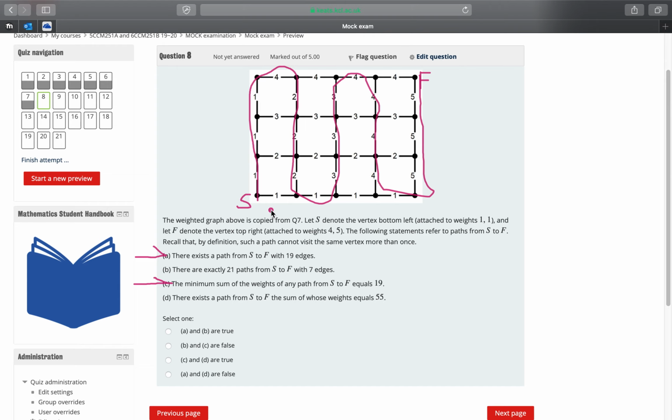You might think it would help to go straight up to the top here. That's only using 3, but then unfortunately you're stuck with 16, so you still have 19. Actually any of these paths with 7 edges will always sum to 19. And if you add more edges, it's likely you'll increase that number. So this is correct.